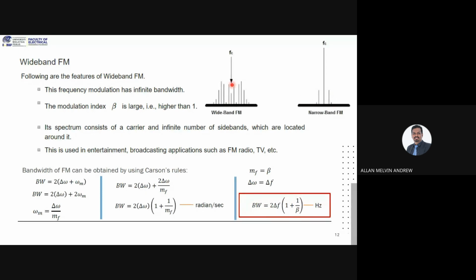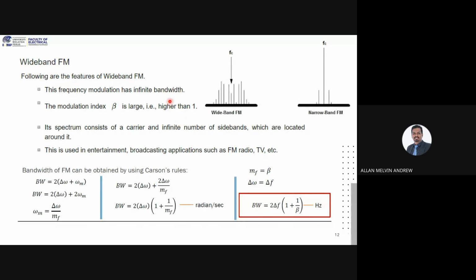Here at the central figure you can see 1, 2, 3, 4, 5, 6, 7, or more. It can be more. This frequency modulation has an infinite bandwidth because it has more frequencies in between, so the modulation index beta is large because f max minus f min is bigger.